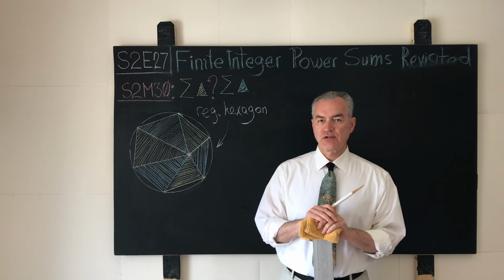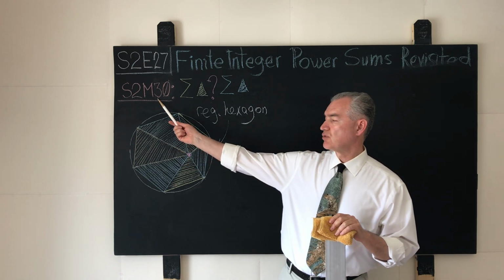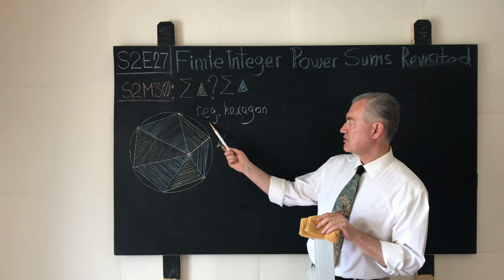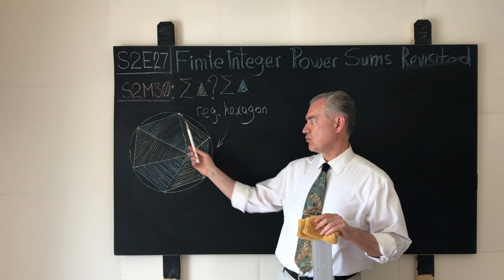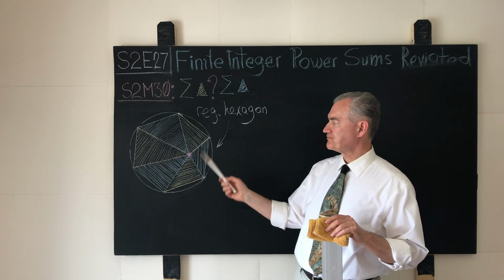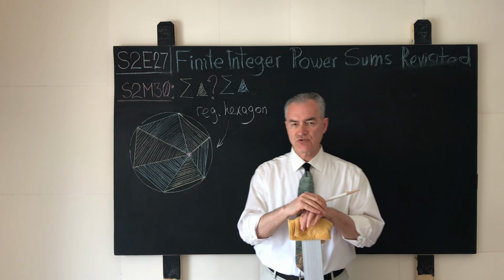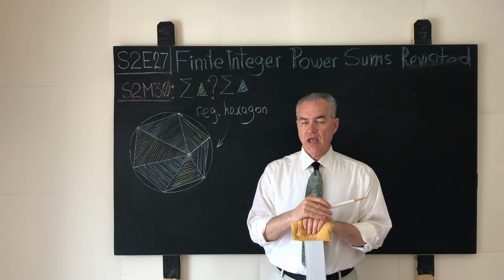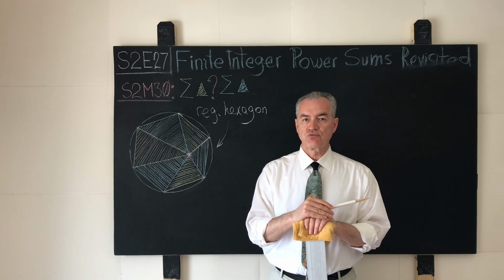In our next challenge, the mathematical problem S2M30, we're given a regular hexagon shown over here. 1, 2, 3, 4, 5, 6. Non-degenerate, interesting, substantial, and in that regular hexagon, a point is chosen at random.